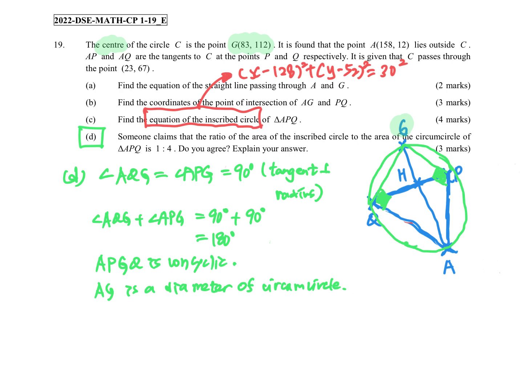And then don't forget, we have the coordinates. A is (158, 12), and then G is also given, (83, 112). So AG can be found.